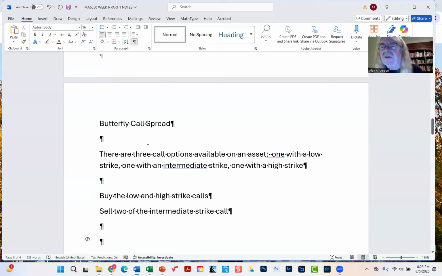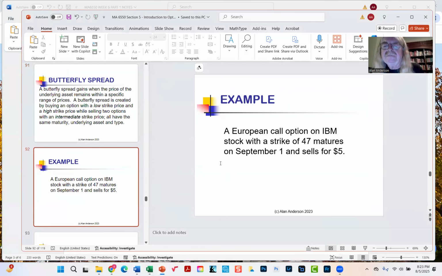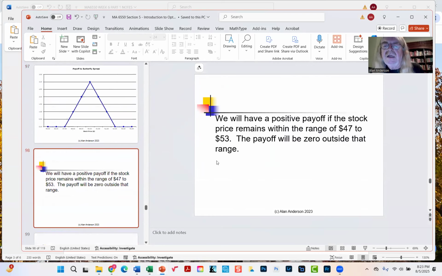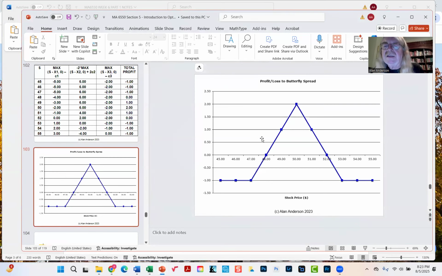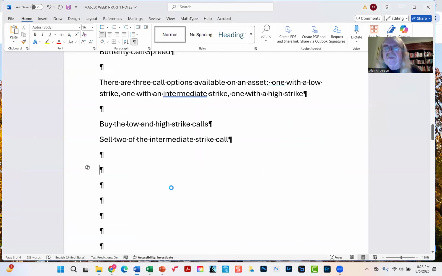So when you see the graph, you're going to be very surprised, I think. And this is the result. Once you take into account the cost of the position, it looks like this. Now, you're probably wondering what in the world is going on here? What do we expect to happen? Why are we doing this? Those are all very good questions.